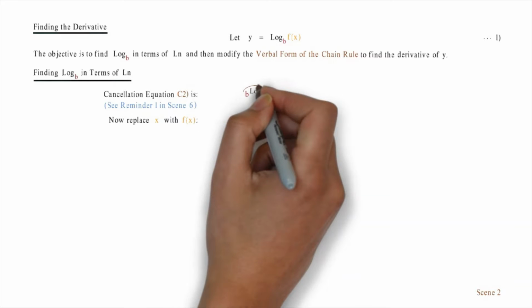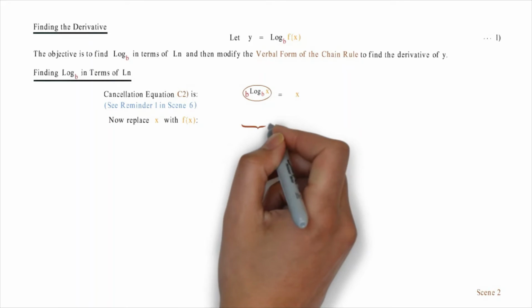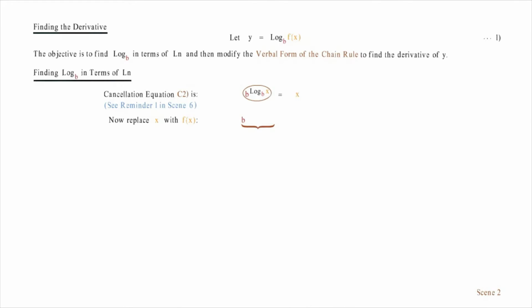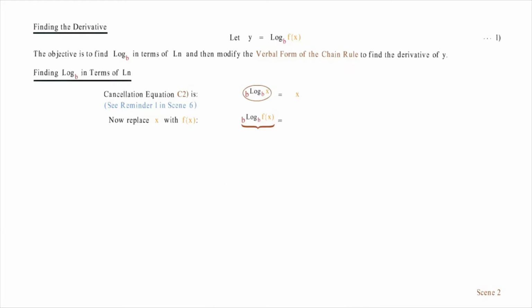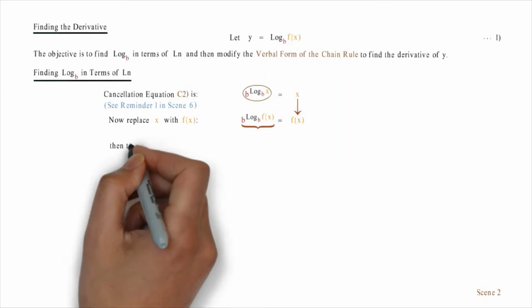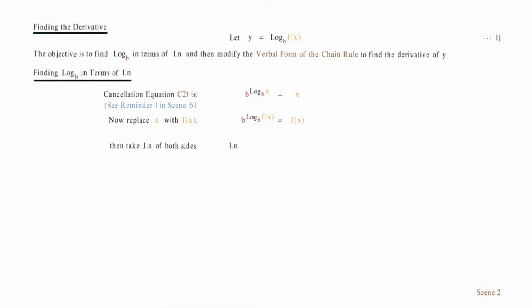So b to the log base b of x becomes b to the log base b of f of x equals x becomes f of x. Then take ln of both sides. ln of b to the log base b of f of x equals ln of f of x.